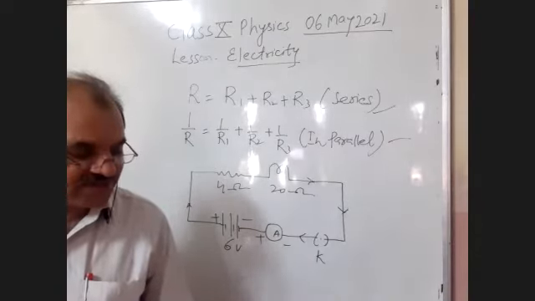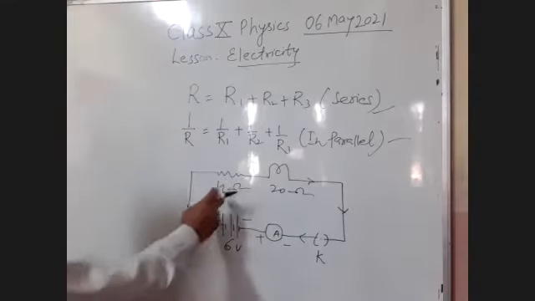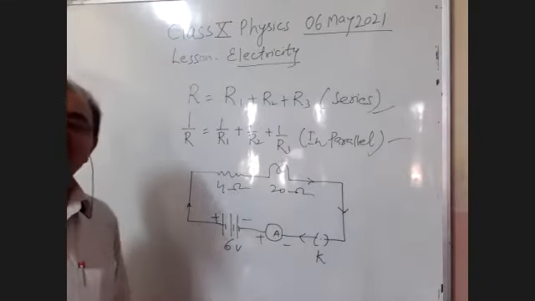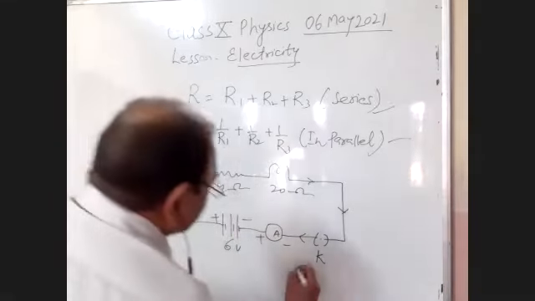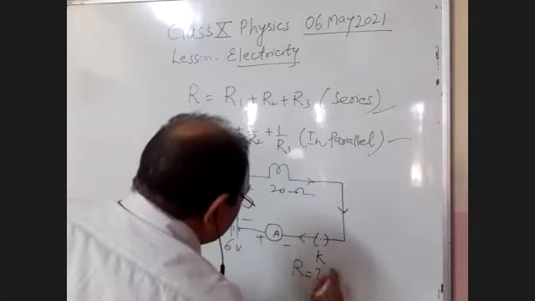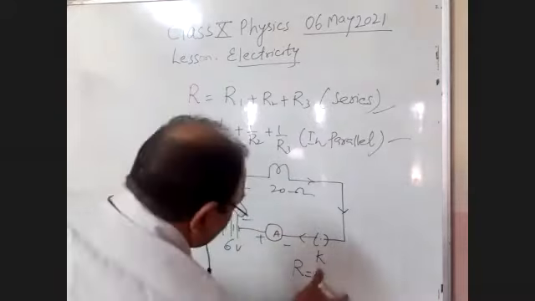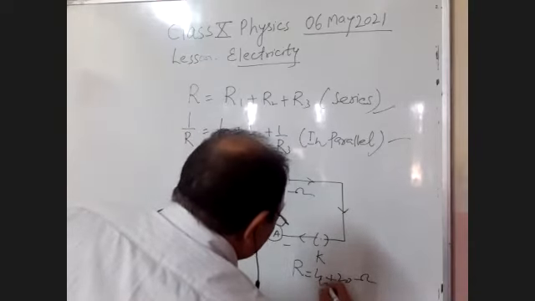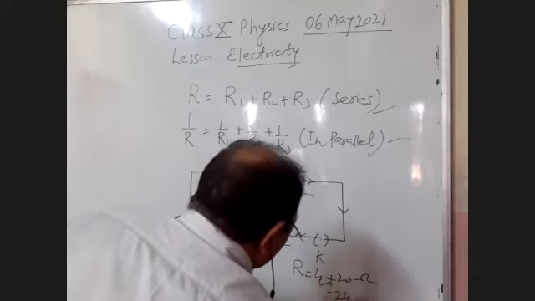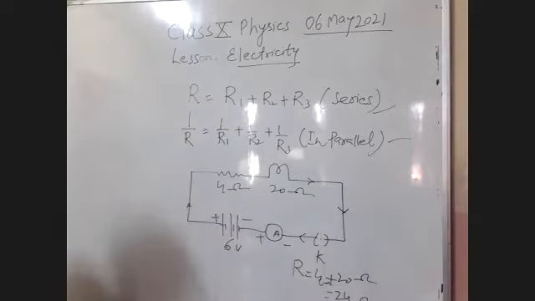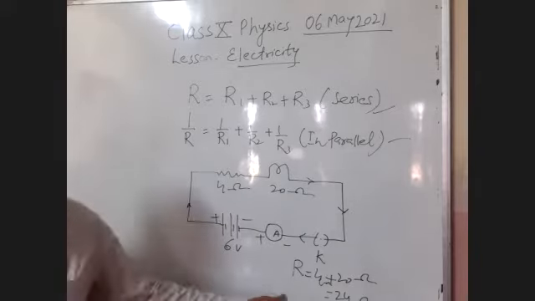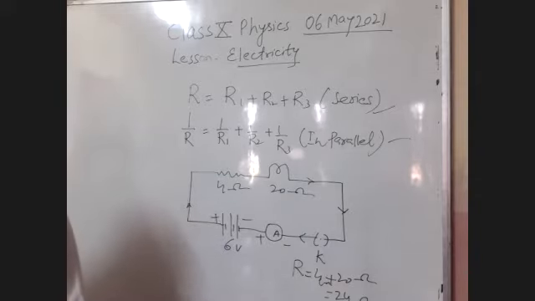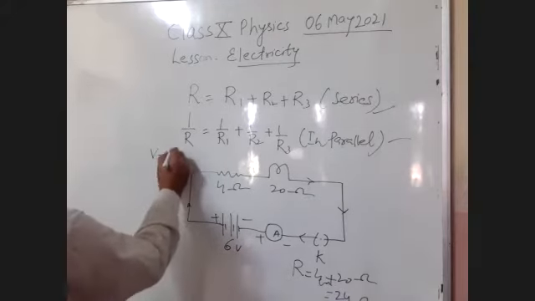Calculate the total resistance. The 4 ohm and 20 ohm resistors are connected in series, so the total resistance will be 4 ohm plus 20 ohm, which is 24 ohm. Is it clear, students? Next, the total potential difference V is given as 6 volt.